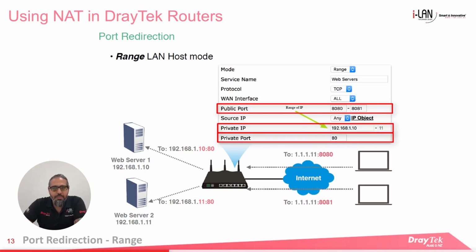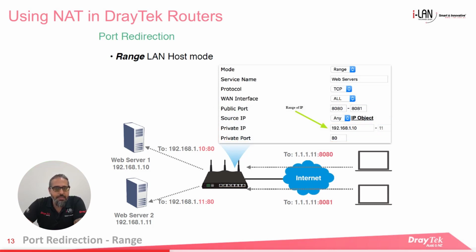Once we add our public port ranges and the start IP, the router automatically adds .11 for port 8081 to go to port 80 on the second web server. So in other words, we have two web servers using port 80 internally, but to get to them from the internet, visitors will go to either port 8080 or port 8081, and the router will then send the visitor to the correct web server based on the external port used.